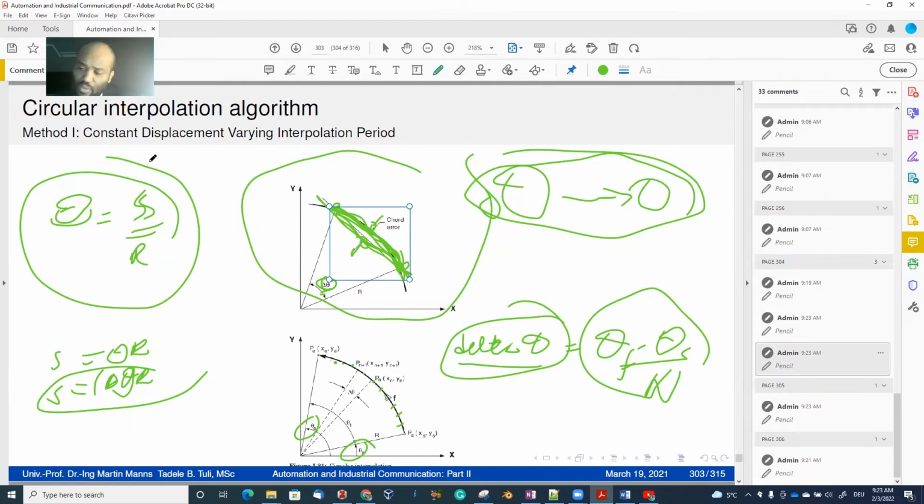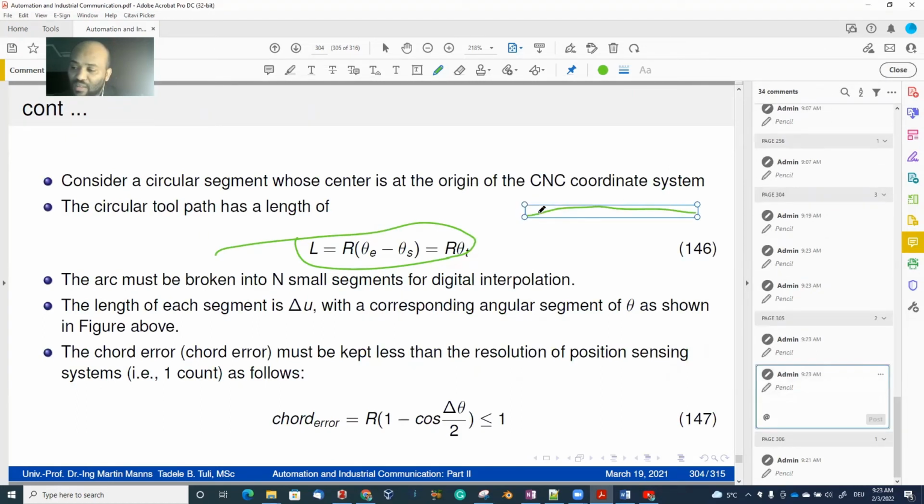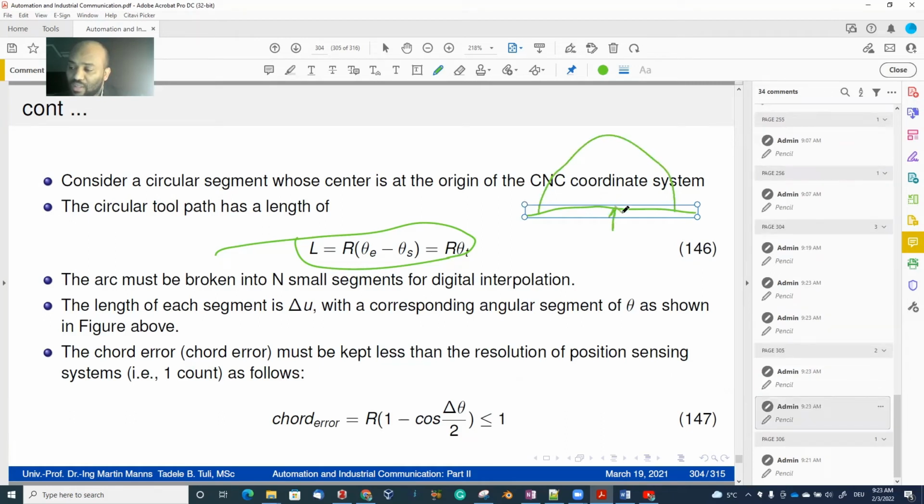Now, the point is, if this chord error is large, imagine you have something like this, and the distance between here and here, the chord error, is almost equal to the radius of the circle.